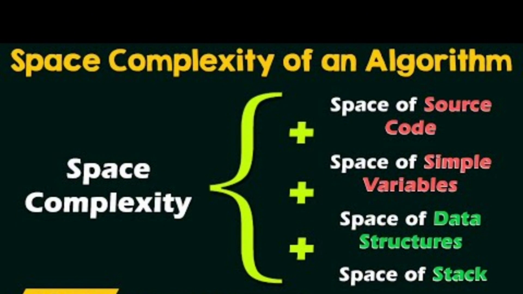And the total space refers to the overall memory required by an algorithm, including both the space occupied by the input and any auxiliary space used during its execution. This is important for understanding the complete resource consumption of an algorithm.